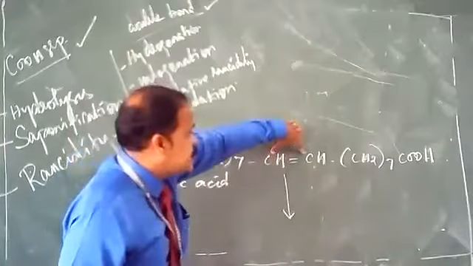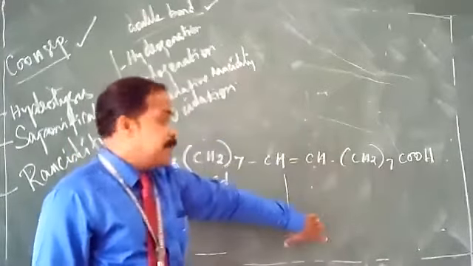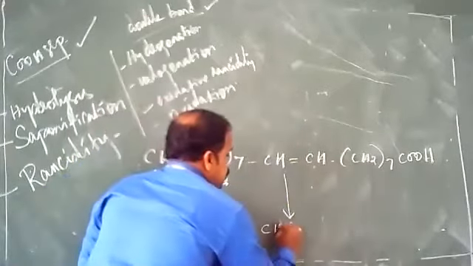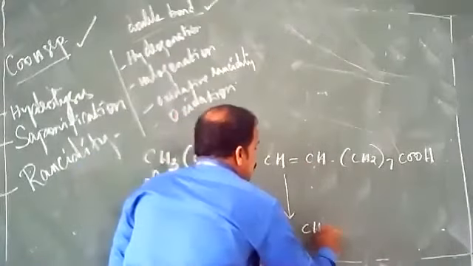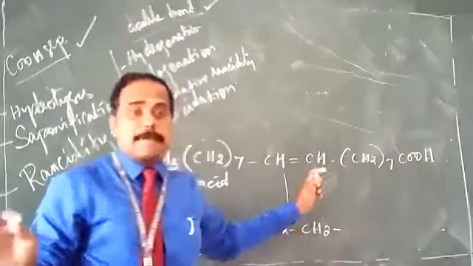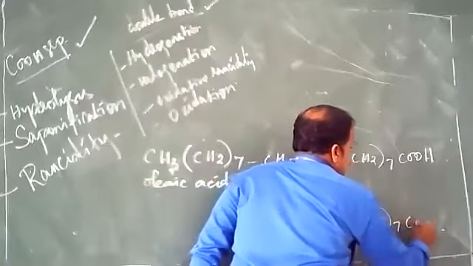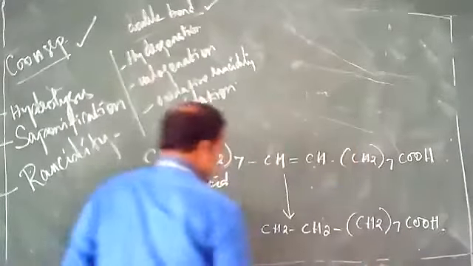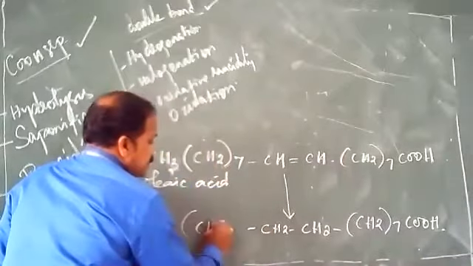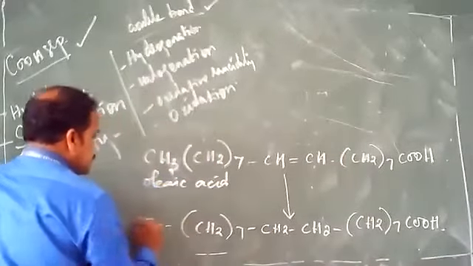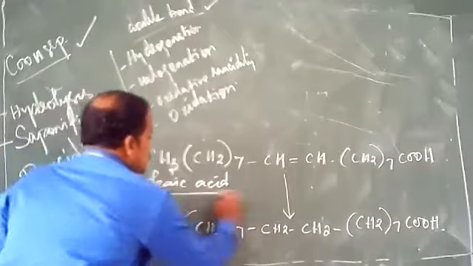So this CH double bond CH becomes CH2 CH2. Rest all remains the same: (CH2)7 COOH, and on the other side (CH2)7 and then CH3.